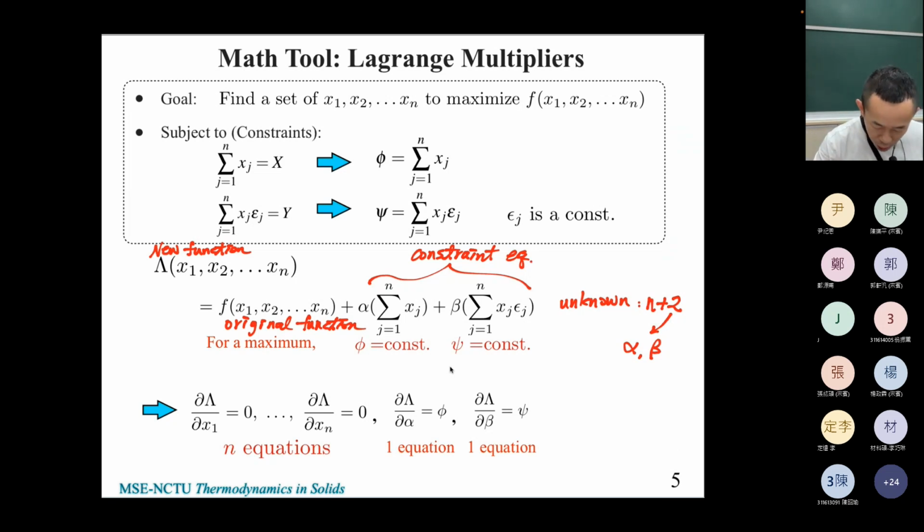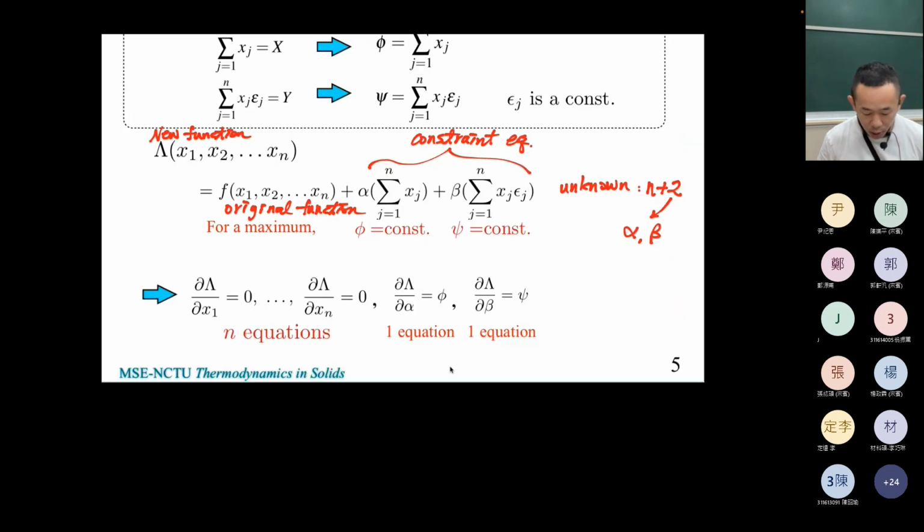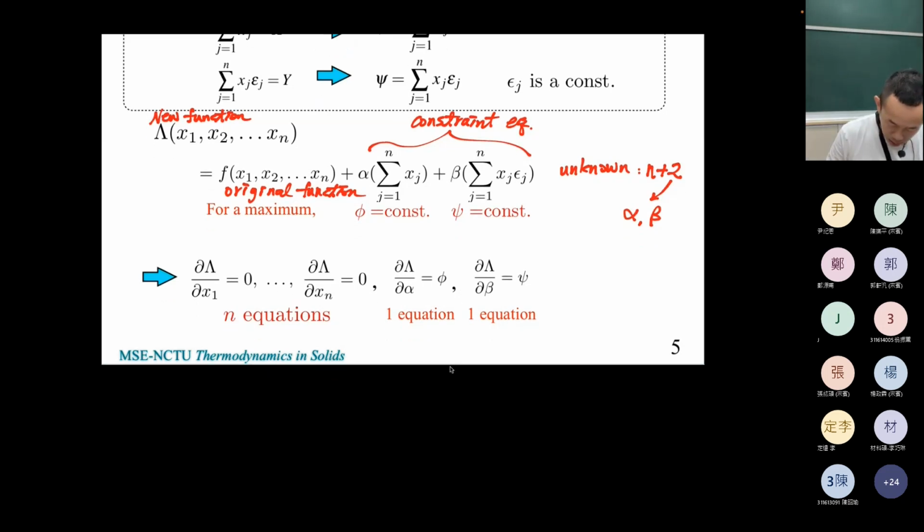So now what are we going to do? We want to find a maximum. For a maximum, df equals 0, right? If you have x1, x2, xn, you must make df equal to 0, because that's what you want, x1, x2, xn to make f maximal.